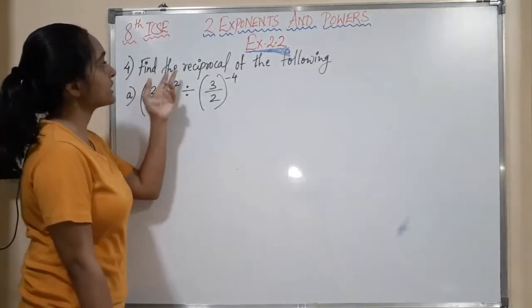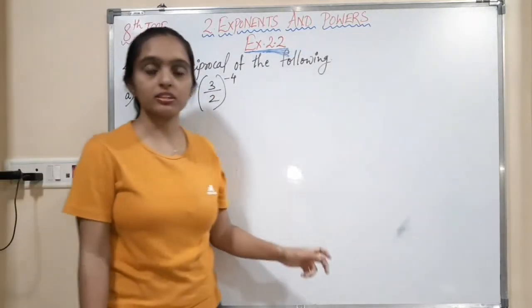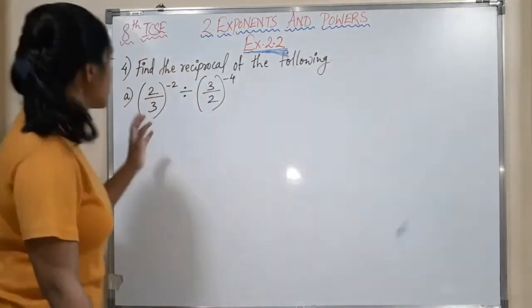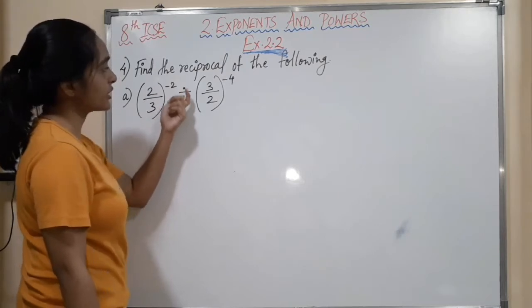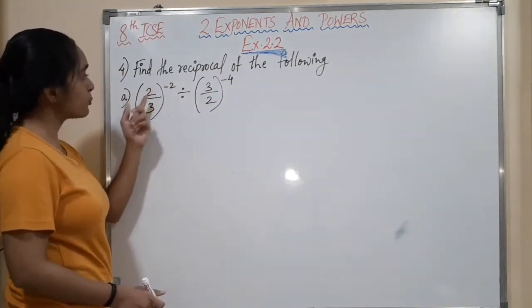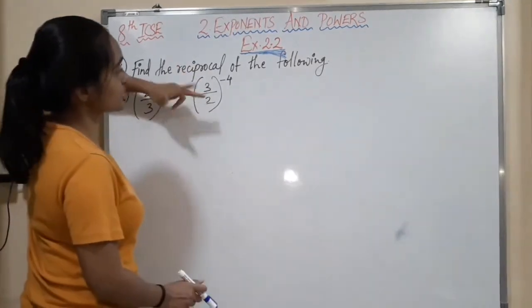The question is, find the reciprocal of the following. So here we have to first simplify the given expression and then find the reciprocal of the final answer. Okay. So the question is 2 upon 3 raised to minus 2 divided by 3 upon 2 raised to minus 4. So clearly 2 upon 3 and 3 upon 2 is there. So we will take the reciprocal of this number.